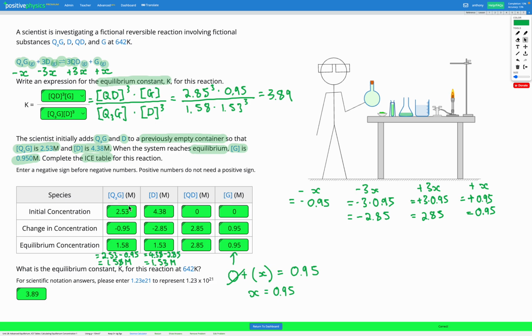We're then finding the column in our table where we know both the initial and equilibrium concentration, and we're solving to find what x is. We're then using the value that we calculate for x to calculate all our changes in concentrations, and finally we can find all our equilibrium concentrations by adding the initial and the change together. Lastly, we're going to take those equilibrium concentrations and plug them into our expression for K to calculate our equilibrium constant K for that reaction at the temperature given.